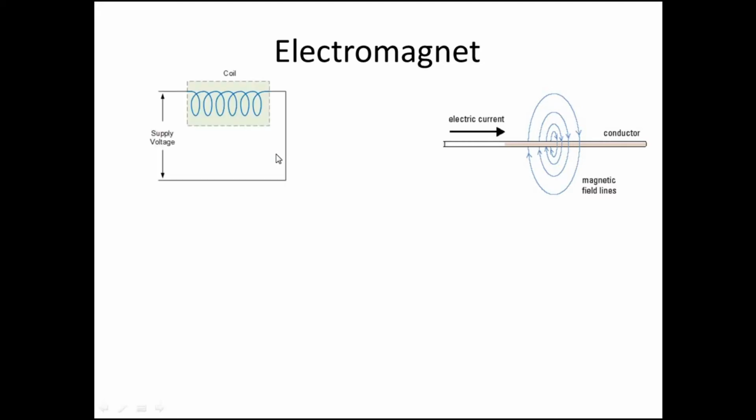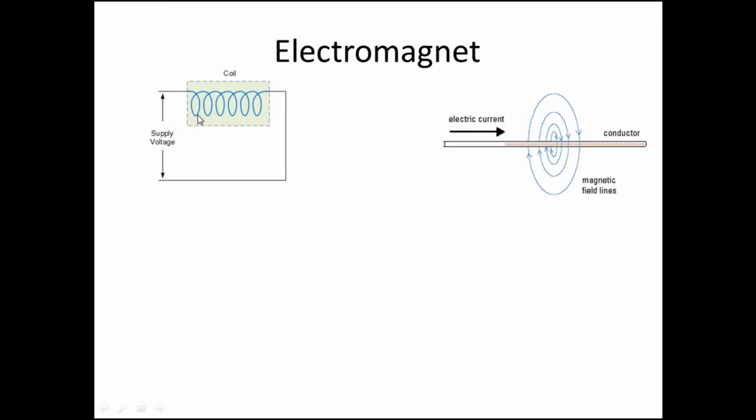So, this concept can be extended to the case of a coil. Means if you are passing the current through a coil, each turn will act as a separate conductor.